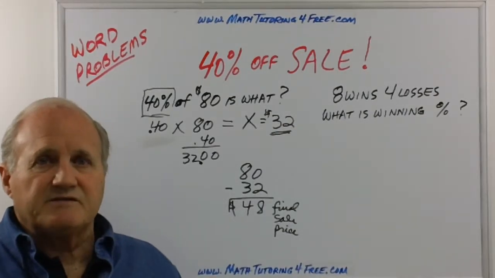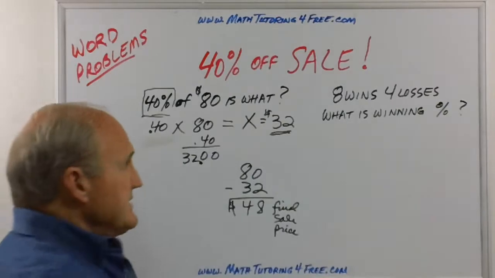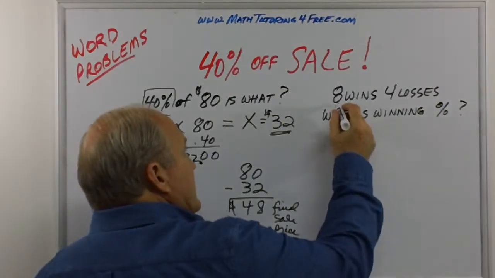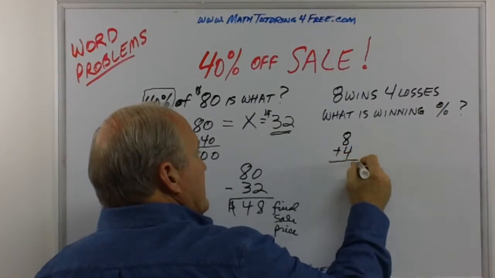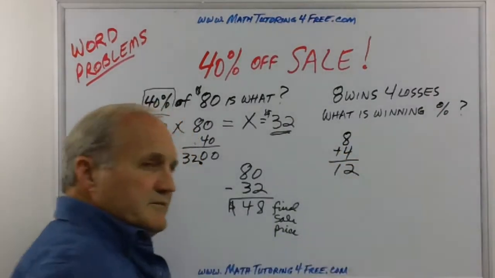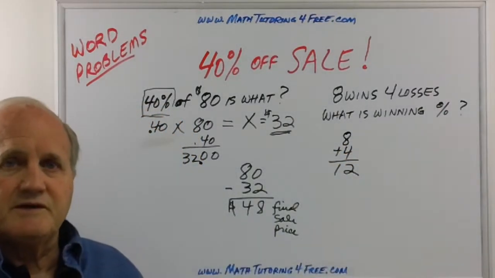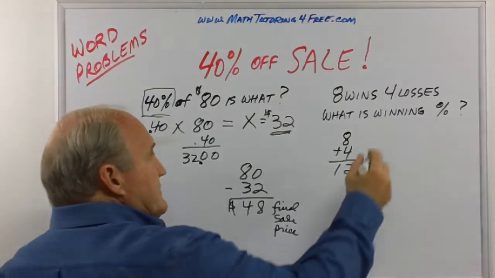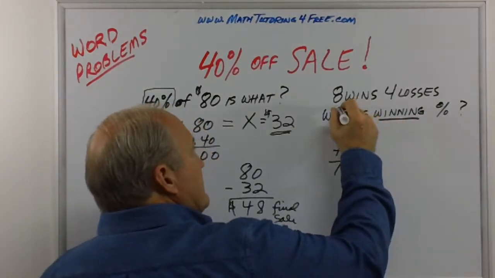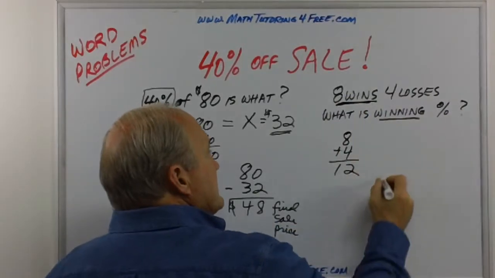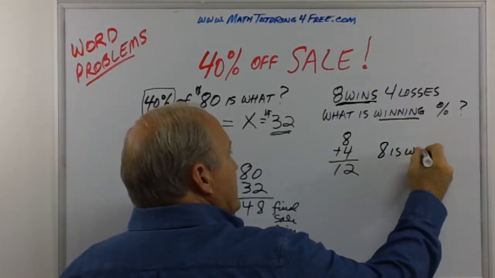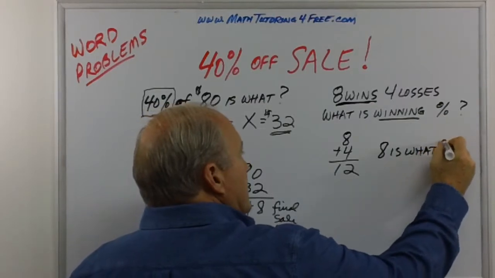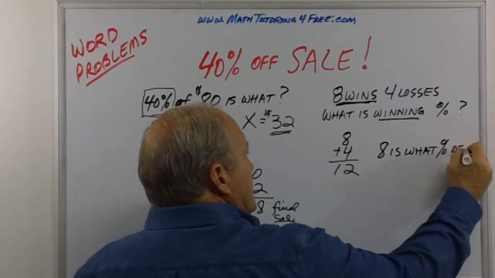It's a percentage of the total games played. So first of all, they had 8 wins and 4 losses. They had 8 plus 4, or they played a total of 12 games. So what are they really asking? What is the winning percentage? Well, we had 8 wins, didn't we? So the question really is, 8 is what percent of 12?